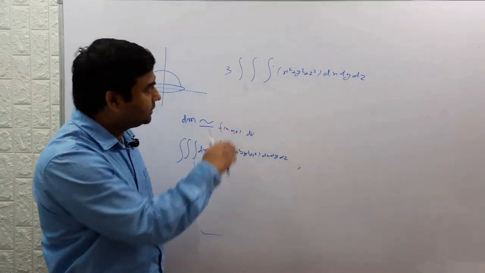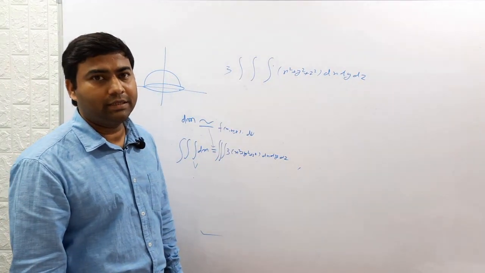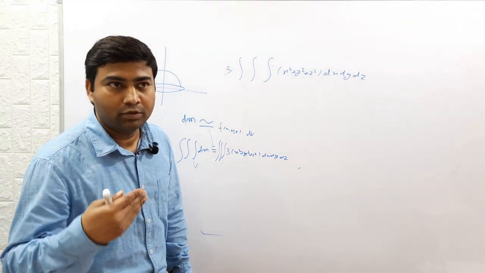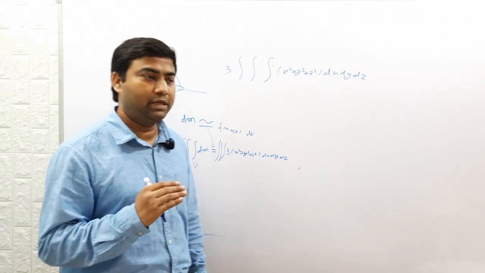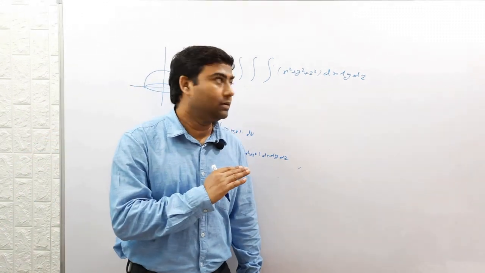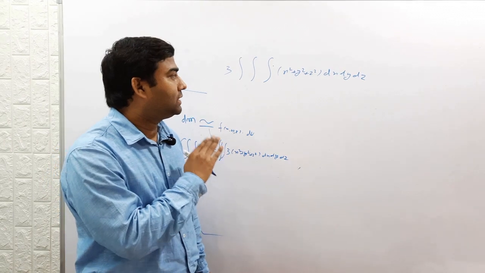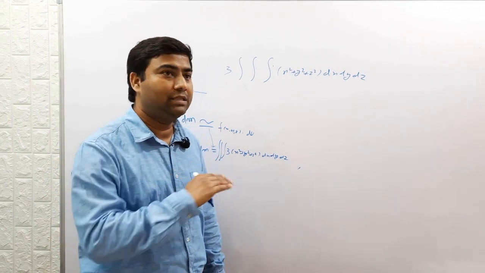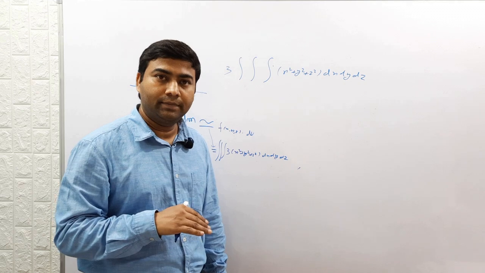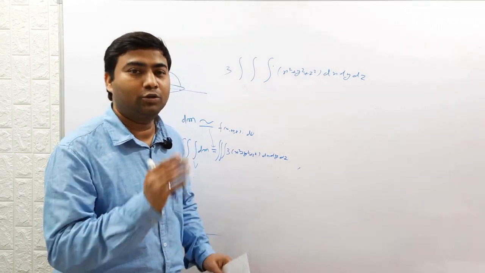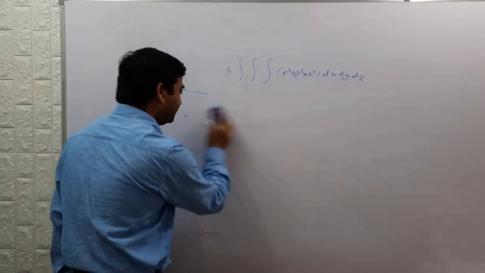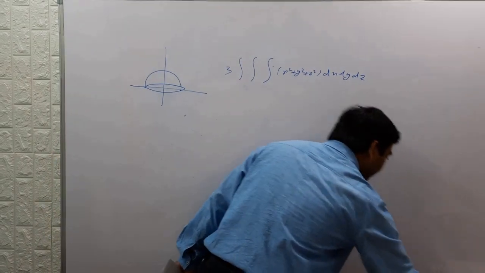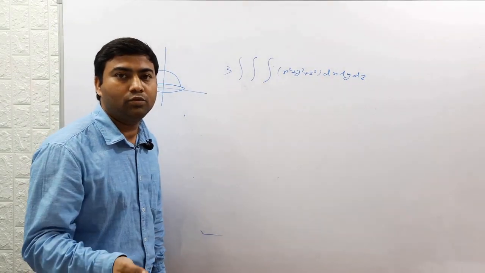So we will convert this integration in terms of spherical polar coordinates. We will convert these coordinates into spherical form, and after converting to spherical form, the limits will be simplified and the whole expression will also be simplified. So just recall what we mentioned during conversion from Cartesian to polar coordinates.